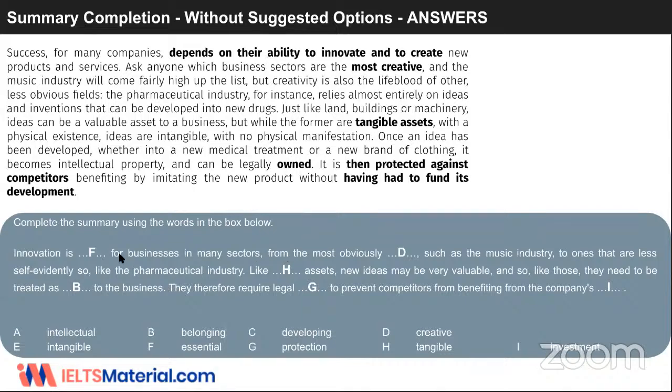When I talk about the answer F, it says that the answer is essential. So here, it depends on their ability to innovate and to create. It is the essential part of the companies, or I would say innovation is essential because people need to show their ability to innovate and to be creative with different new products and services.